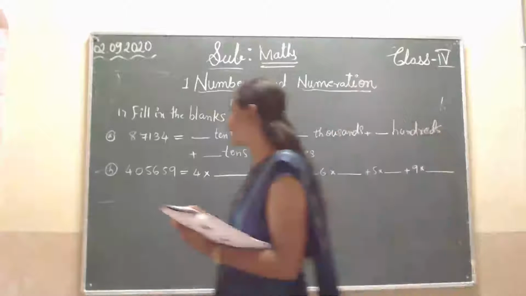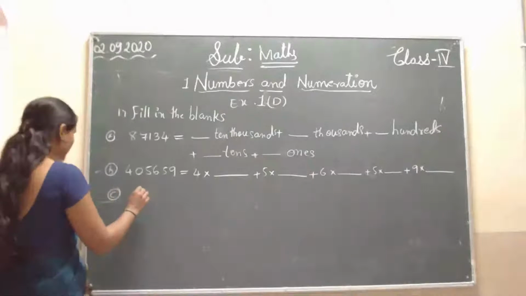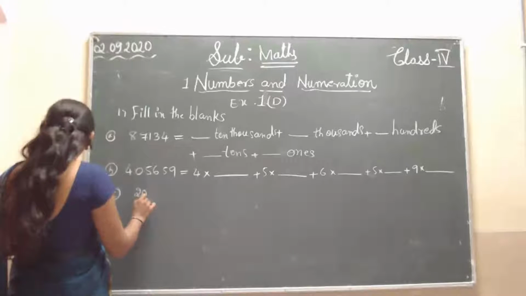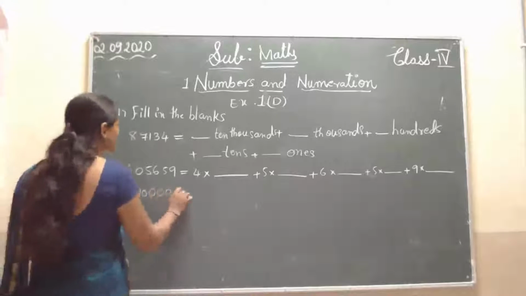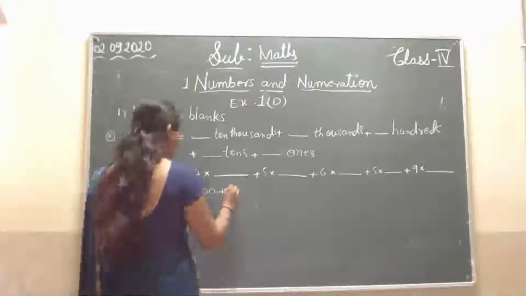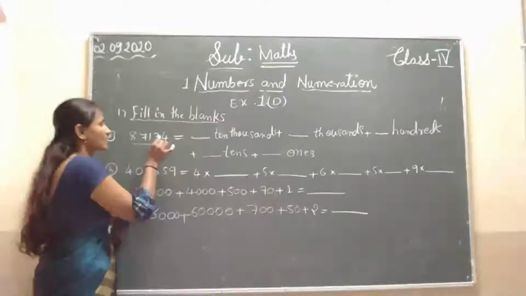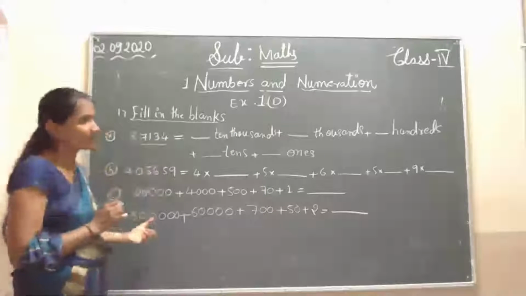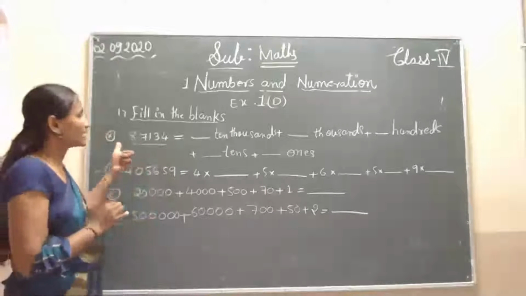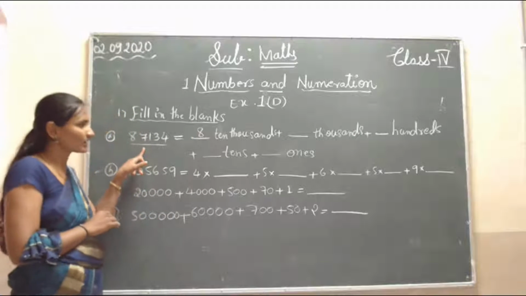Students, next is C1. C1 question: 20,000 plus 4,000 plus 50,000 plus 100,000, 10,000. This is given in the Indian system. So it is 10,000. Okay, students. 1,000 means, what is the value of 1,000?